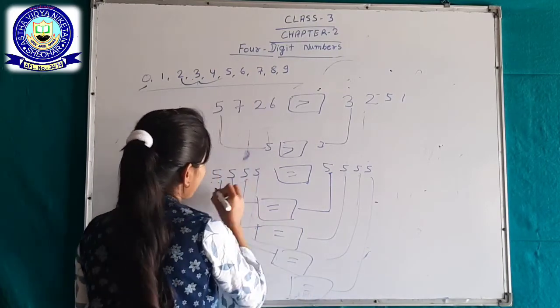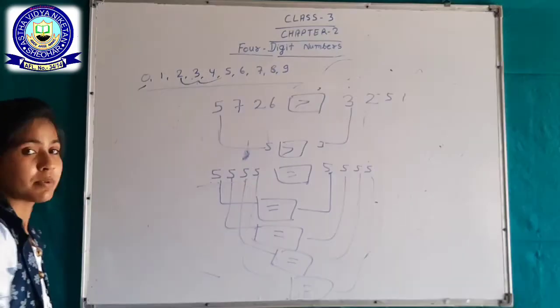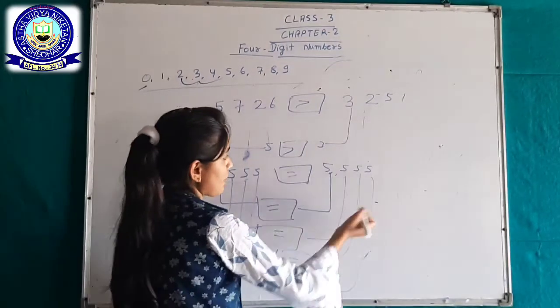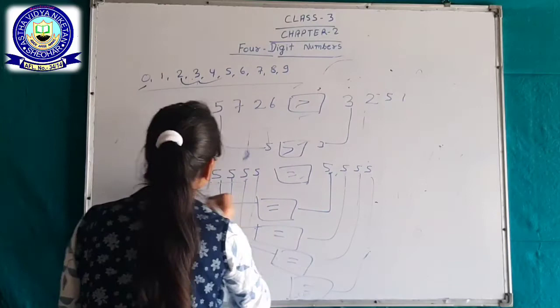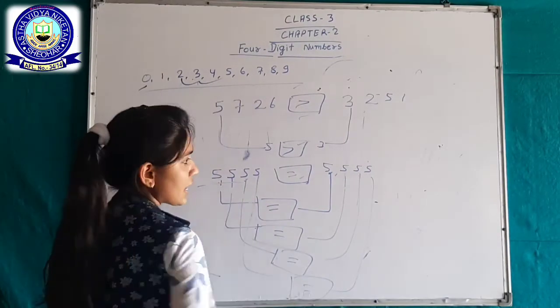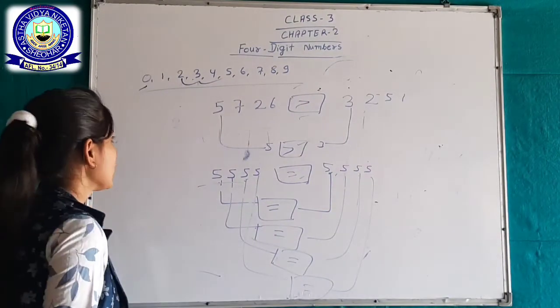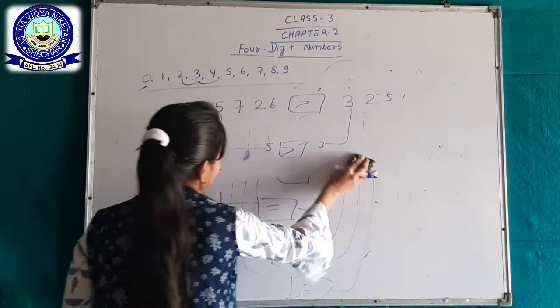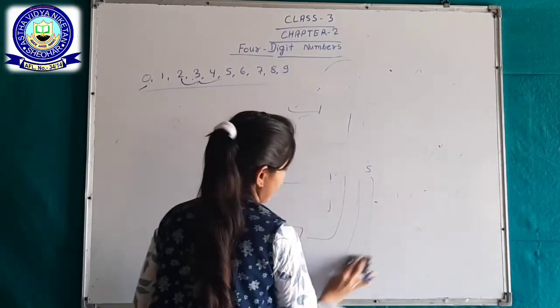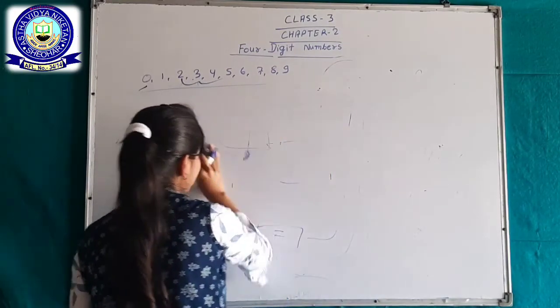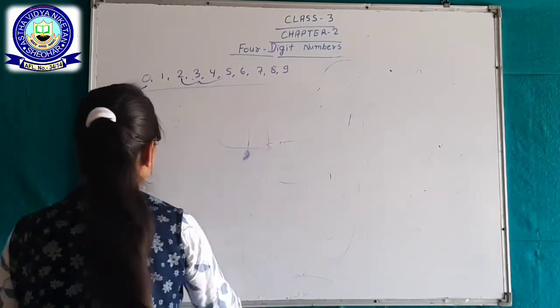So 5,555 is equal to 5,555. After doing it, we can arrange numbers in ascending order and in descending order. Start ascending and descending in 4-digit numbers.